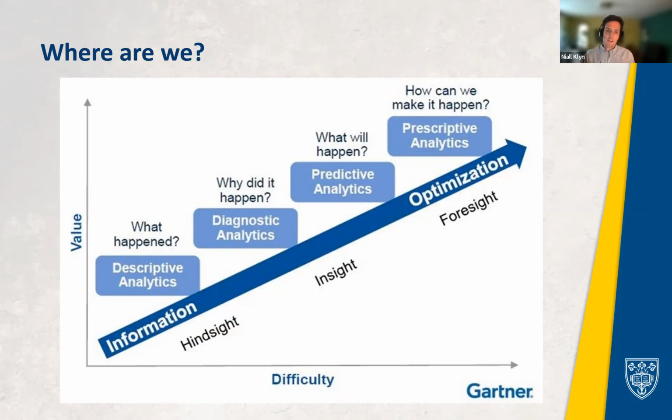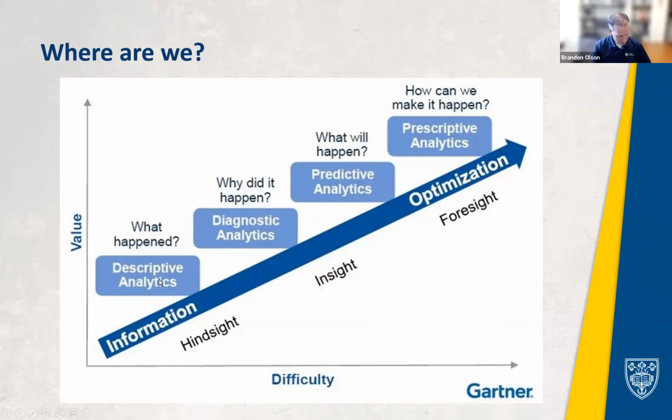But we're breaking out analysis into a couple of different buckets. And those buckets generally are descriptive, diagnostic, predictive, and prescriptive. And you'll commonly see it in this ascending chain, where on our y-axis, we have value. How much value is the analysis adding to the business or the organization? On our x-axis, we have difficulty, meaning how hard is it to complete this analysis?